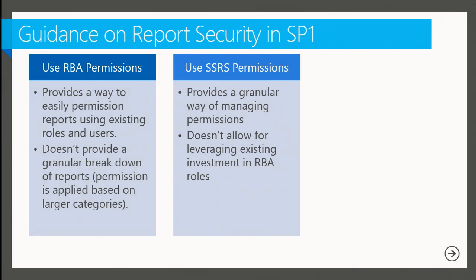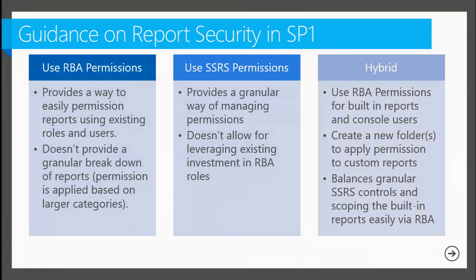You can use SSRS permissions if you want to create your own folders. So you could have your own Contoso folder, and underneath that you have all the reports, and you ACL them yourself from SSRS or from the Config Manager console in a custom folder. The last option is a hybrid option where you have the RBA folders, the built-in folders.